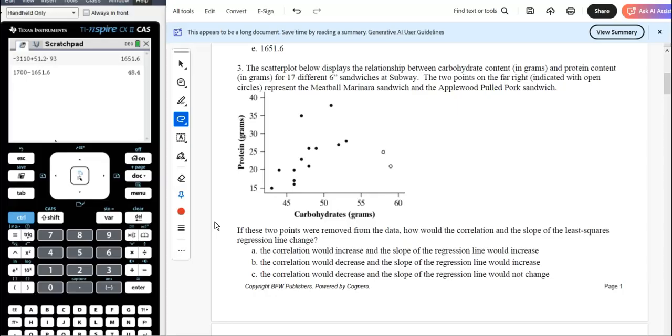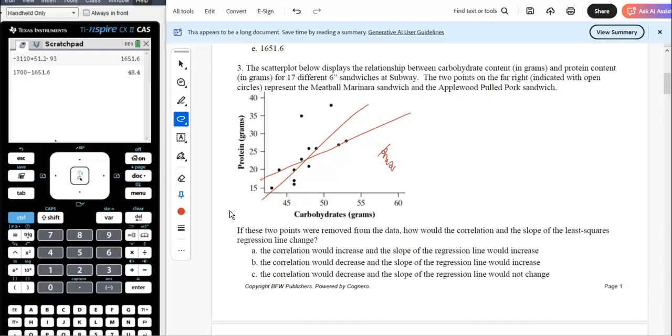So the correlation, I guess the original might have been maybe something like this. But then the new one, without these points, would probably be like this. So those points were kind of out of the way. They had a high residual.